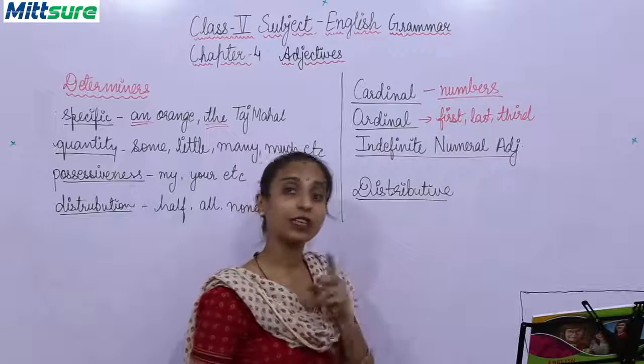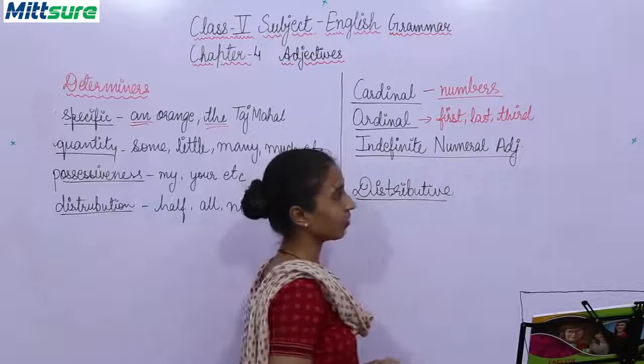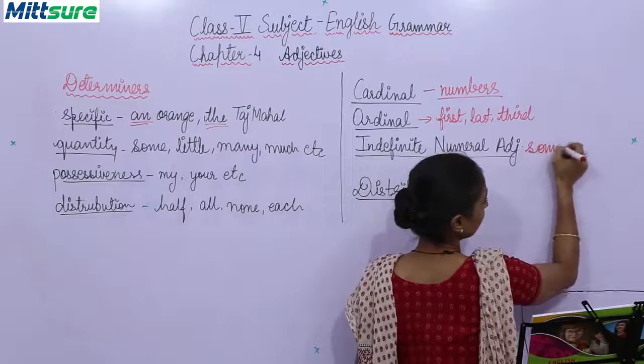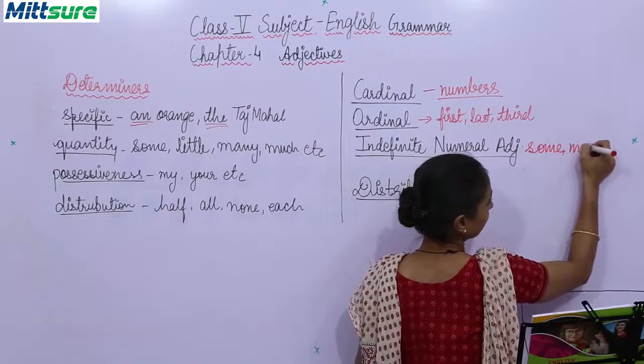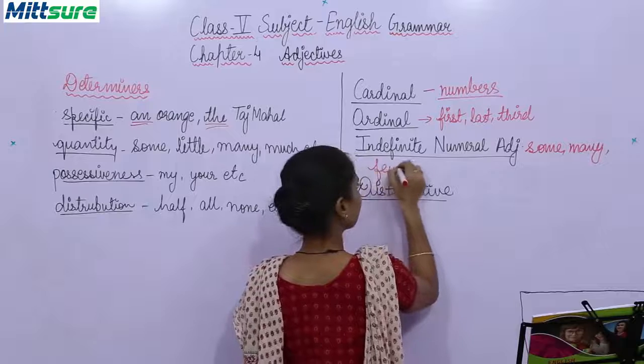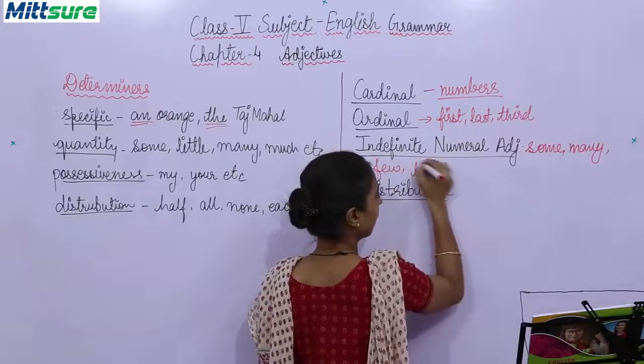Alright, adjective of quantity or adjective of number, when mixed together, they give us few examples like some, many, few, little, enough.